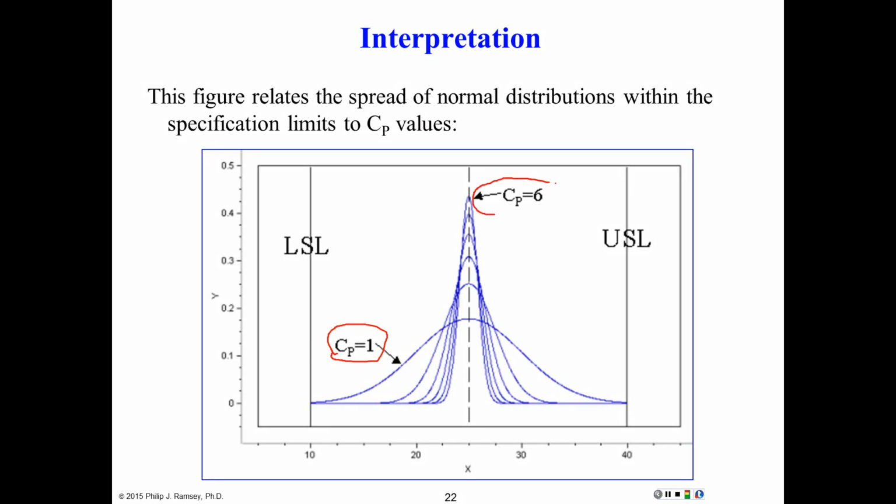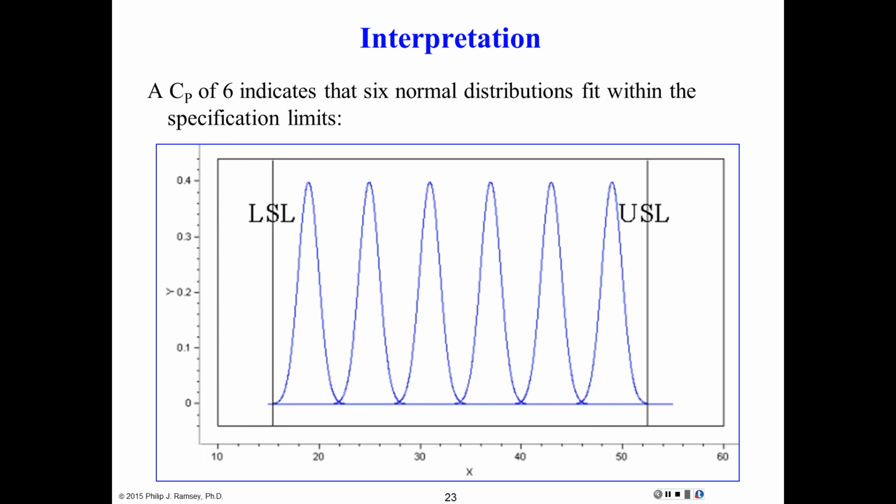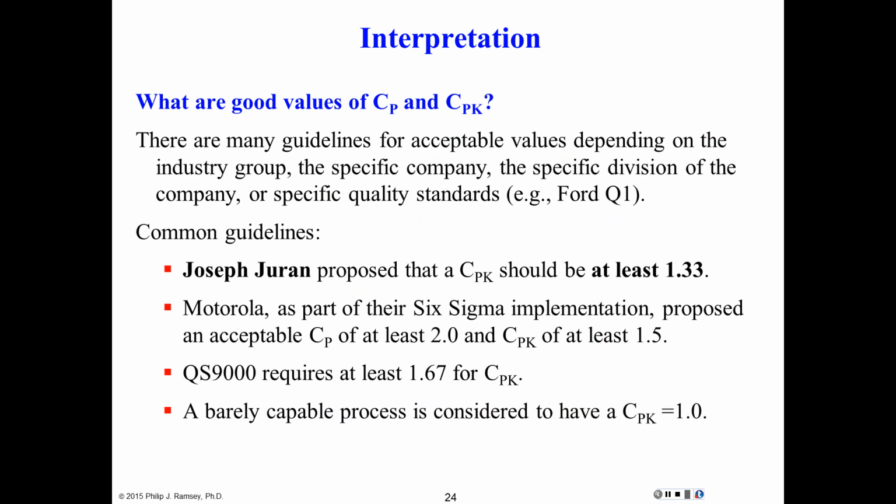A CPK of 6 would be considered absolutely outstanding performance and would imply that you could fit 6 normal distributions between the spec limits. In order for this to be possible, the amount of variation in the process would have to be very small compared to the spec range.